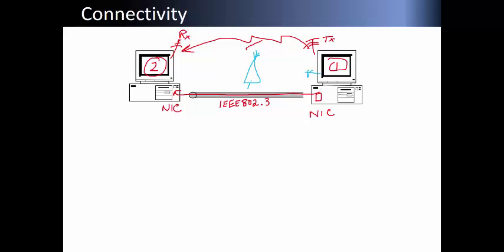This is the AP, access point, for example your Wi-Fi router. So it connects to that access point. Similarly, this one also has Wi-Fi communication to this access point. So there are many ways that you can connect.